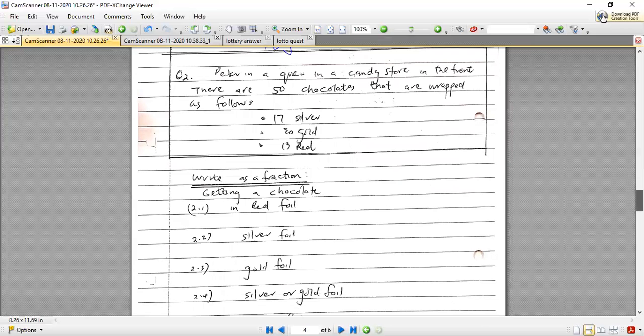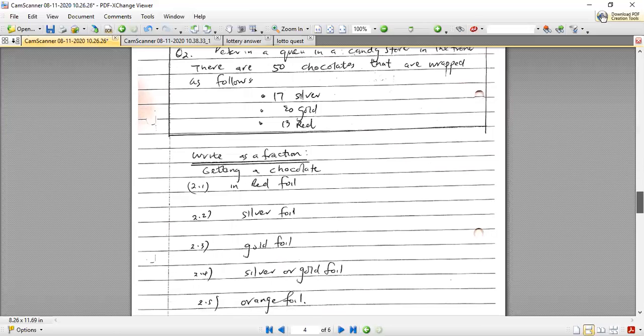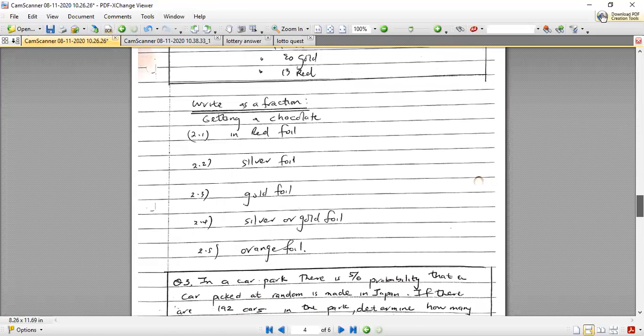So for this one here, we know that there are 50 chocolates now on the shelf, and they are described as 17 silver, 20 gold, and 13 red covered chocolates. What is, as a fraction, the probability of him getting a chocolate in a red foil?